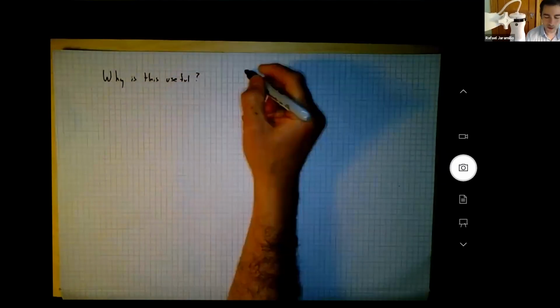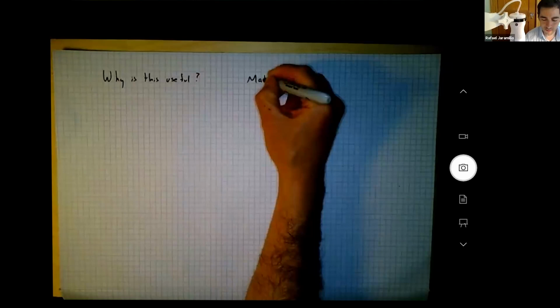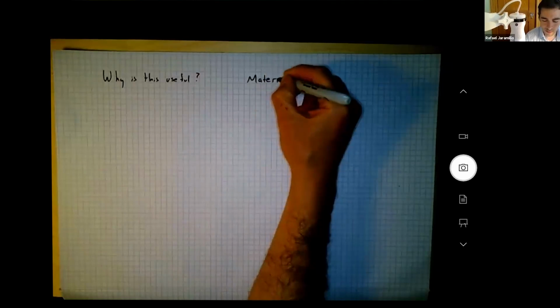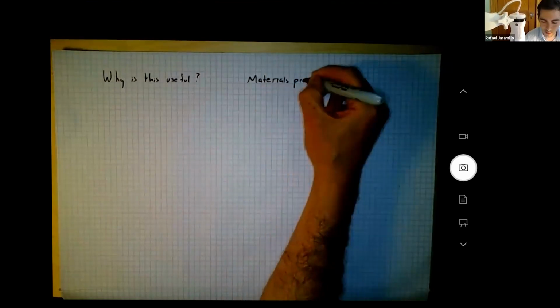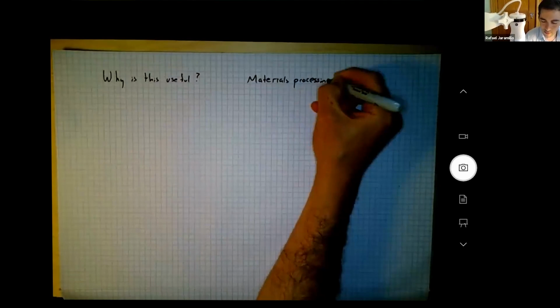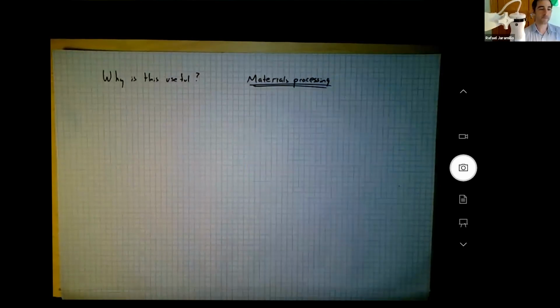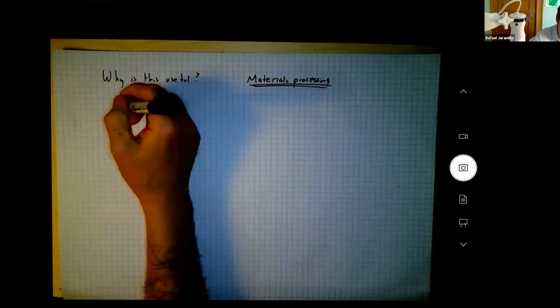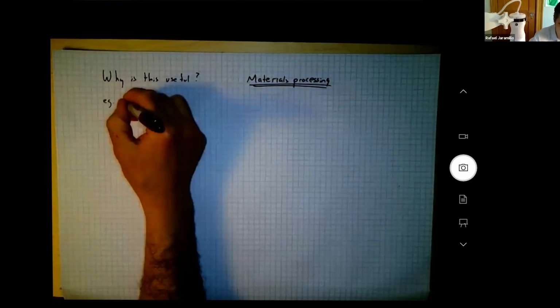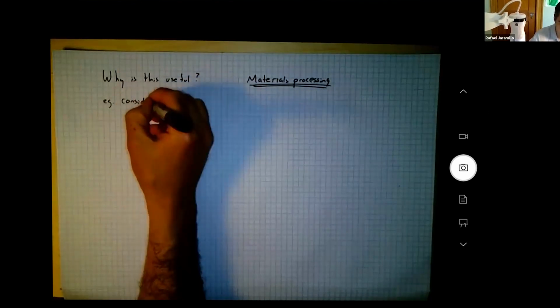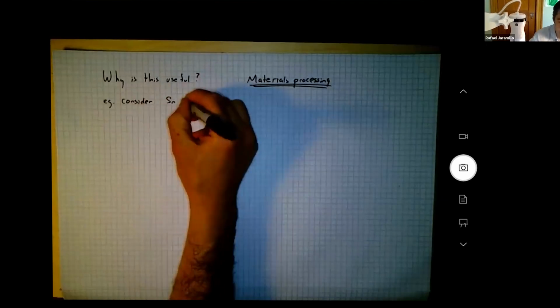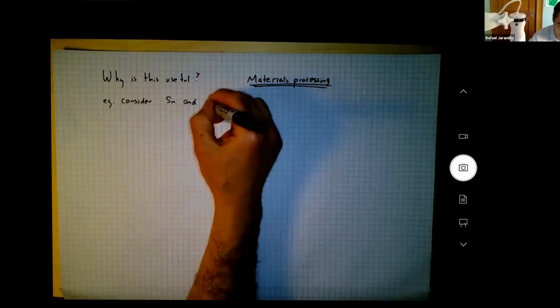It's useful for materials processing. Let me illustrate that. Let's consider two metals. And I pick these just because they appear nicely separated on the plot.